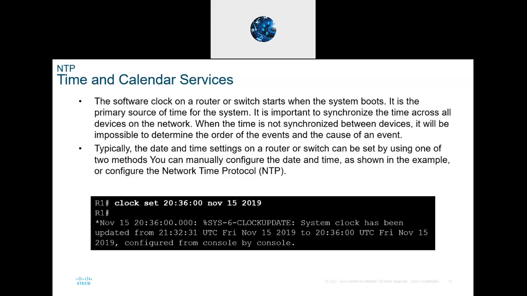And so how do you set this time? You can have a server that is going to be the time server that will be dishing out this timing to all the devices on your network. It's more or less like your phone. When you have a phone, there's a place on your phone where you can tell the phone to get information automatically from the service provider, like MTN and the rest of them.